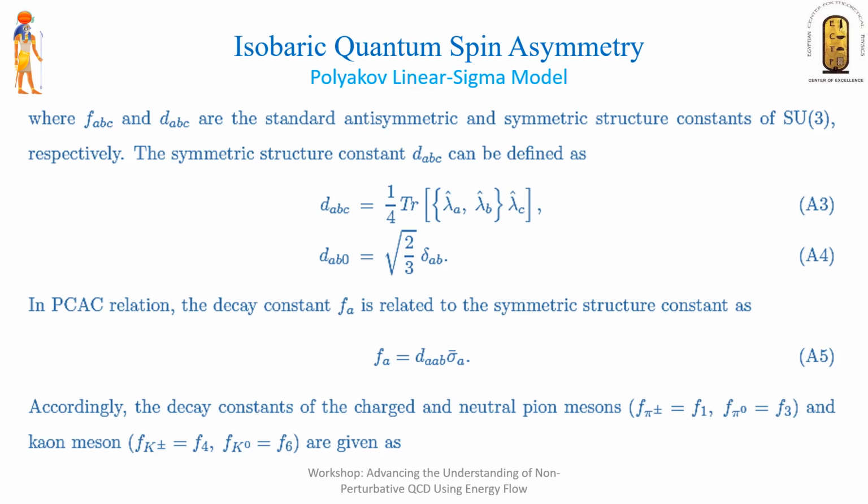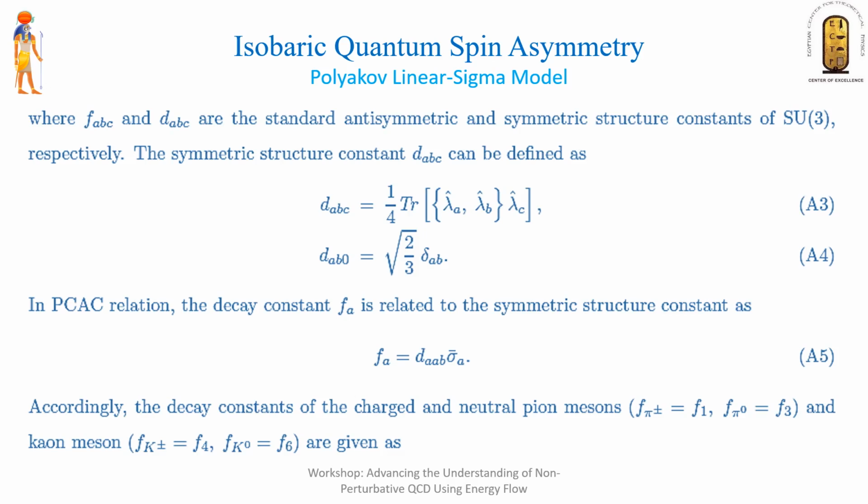The symmetric structure constant dABC can be defined in this expression, where we can also use the PCAC relation to relate these to the decay constants, which are related to the symmetric structure constant as follows: fA equals dAB sigma A. Accordingly, the decay constants of the charged and neutral pion mesons are f pi plus minus equals f1 and f pi 0 equals f3. And for the K mesons, we have fK plus and minus equals f4 and fK0 equals f6.